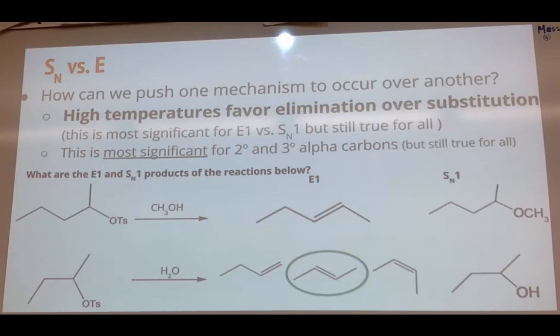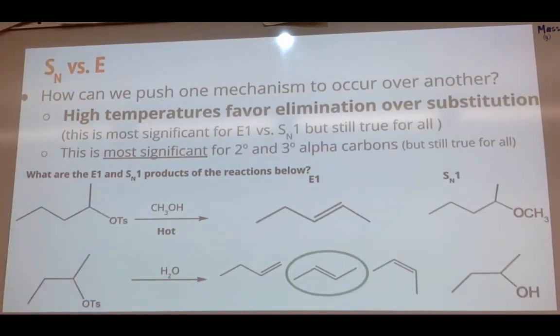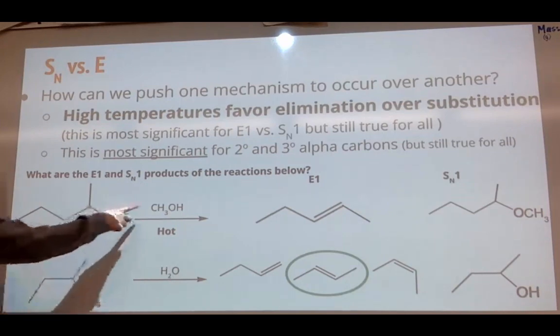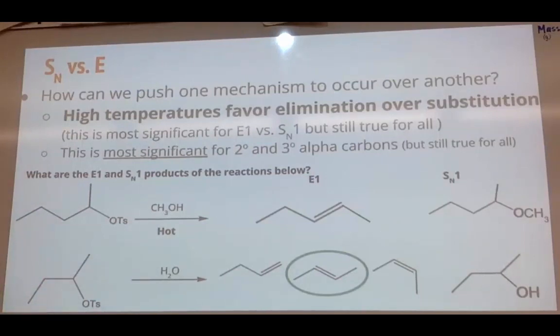If we take a look at what that would look like with the mechanism down here, we have E1 and SN1 products. The products are already on the slide for us, but we have methanol, and then we have it at high temperatures. Methanol is a weak nucleophile, weak base, so we would expect to see a mixture of E1 and SN1 products.